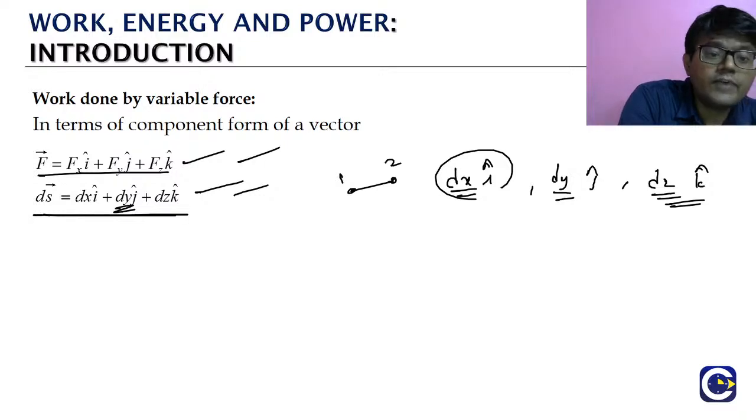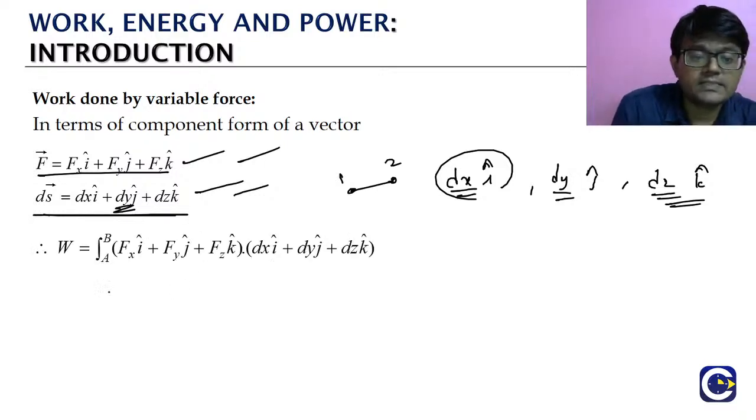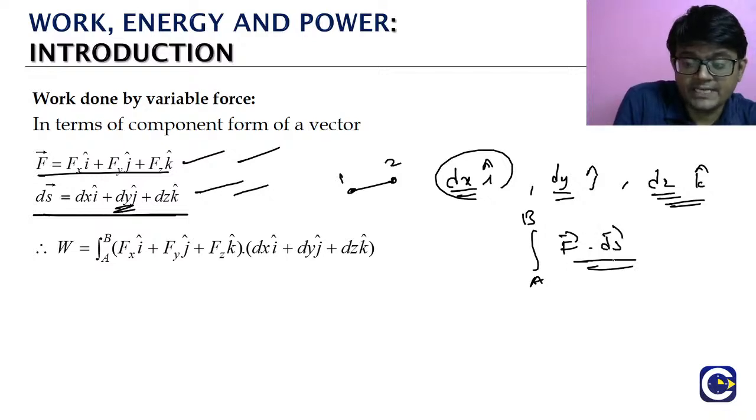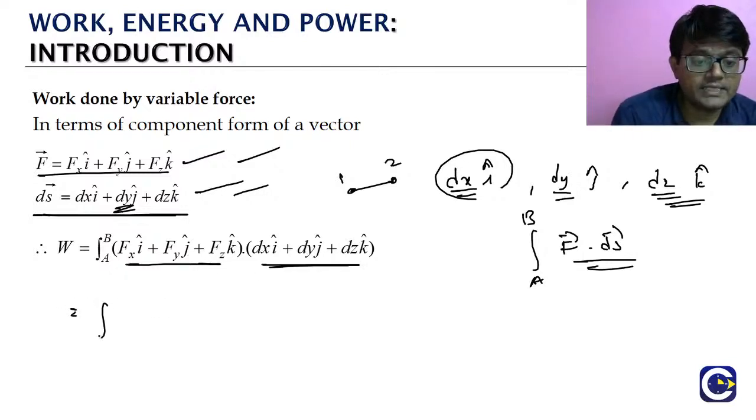Now we want to find the work done. Remember the formula we said: between the limits a to b, where a is the initial point and b is the final point, the integral of F dot ds. So we take F in component form, dot ds. Integral a to b, Fx into dx.